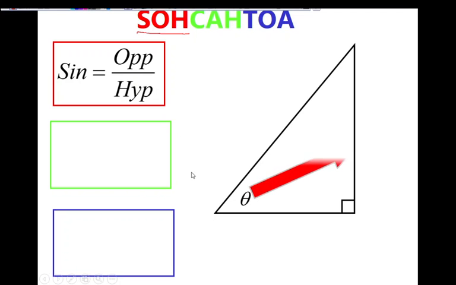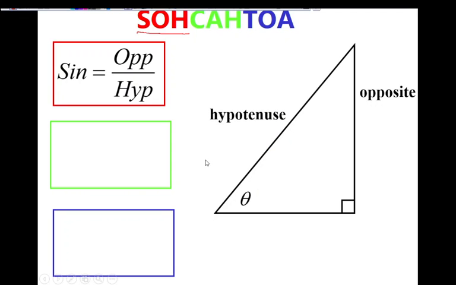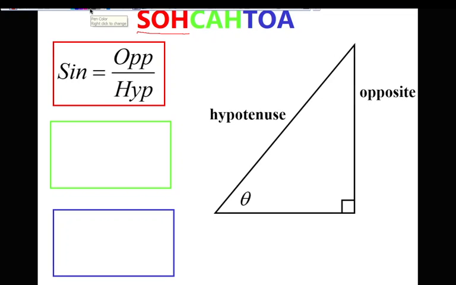If theta, your angle, is right here, the opposite side is the side across from the angle. Your hypotenuse is the side across from the right angle. The right angle symbol points at the hypotenuse.